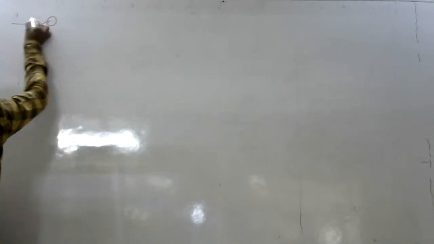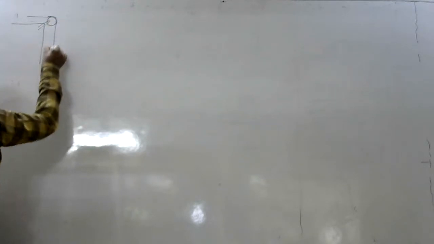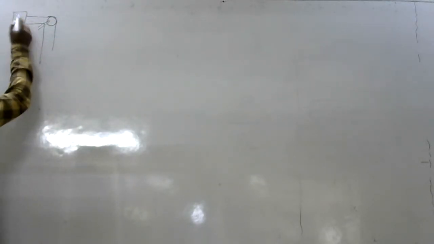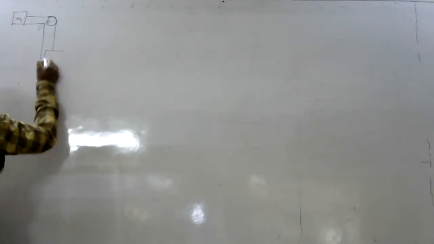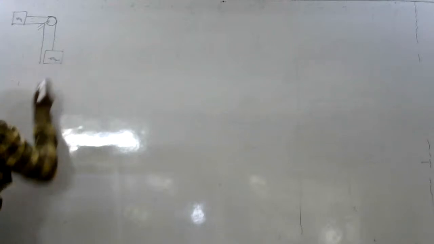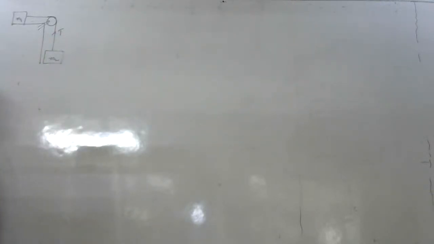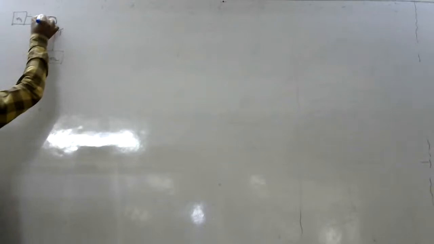Here we take a pulley. One string is like this. Suppose a block of mass m1 and another block of mass m2 suspended like this. In this also, tension T is towards the point of suspension.